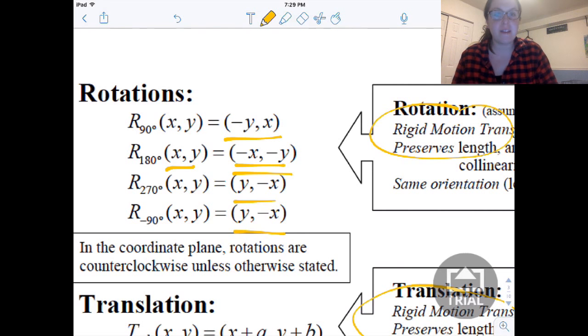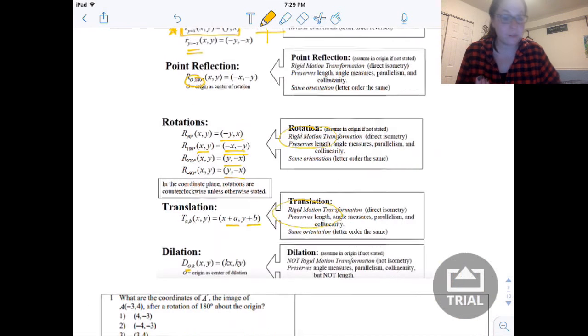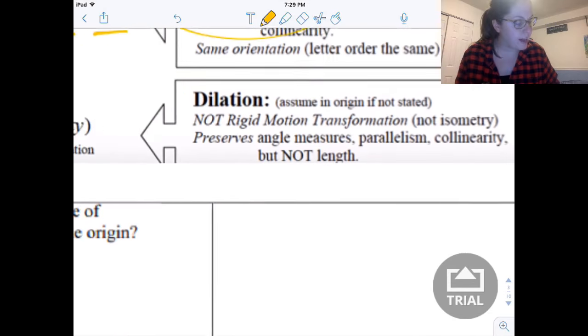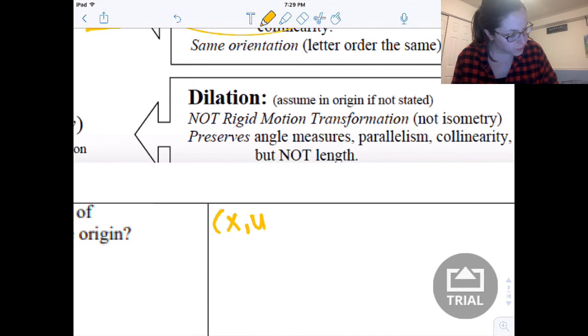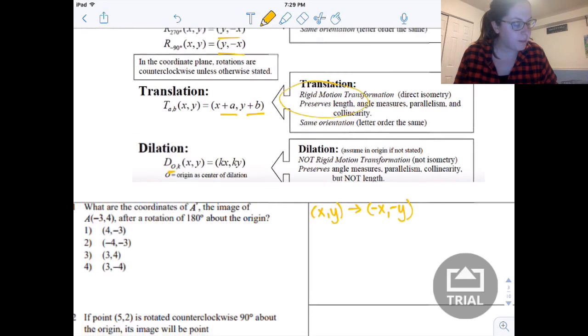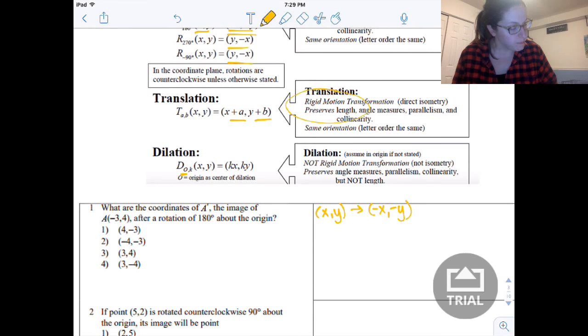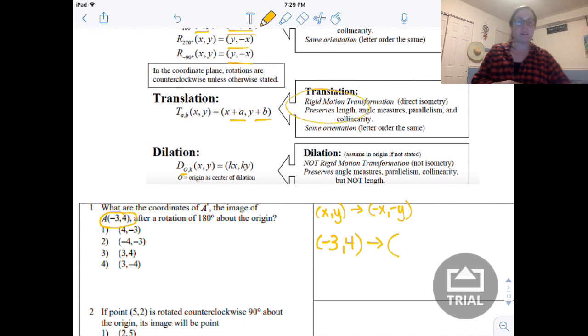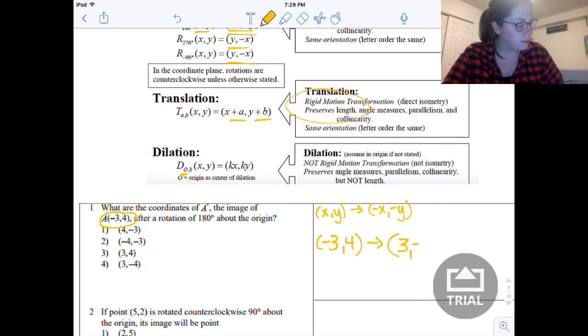So if you have this memorized, great. xy maps to negative x, negative y. So if they tell me that my pre-image is negative 3, 4, then my image is going to map to, well, flip both your signs. So it would be positive 3, negative 4. And that would be your image.